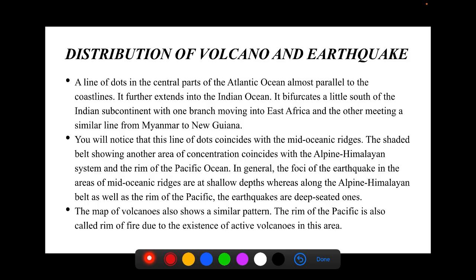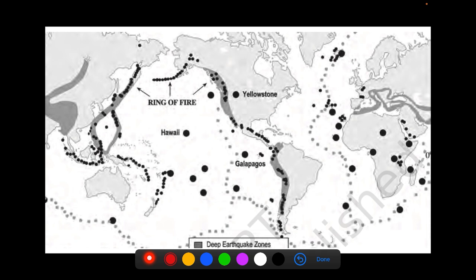Now we have to see what the distribution of earthquakes and volcanoes is, that is, where all the volcanoes and earthquakes occur. This is a very important diagram which is given in the NCERT itself. Here we can see that this is the Atlantic Ocean, and there is a high number of volcanoes and earthquakes occurring.